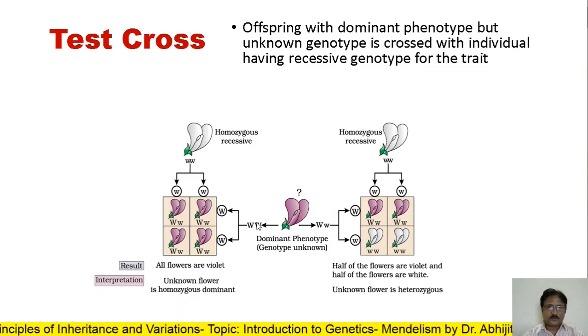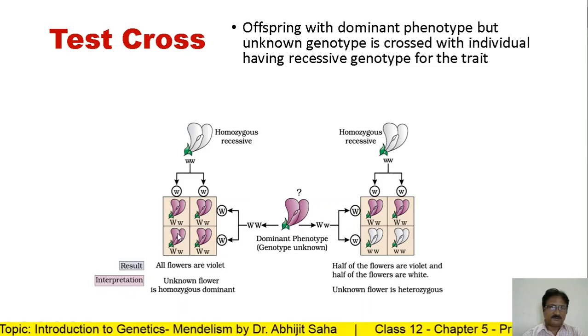If this flower is homozygous, then what happens? Then both the alleles are capital W, capital W. When both the alleles are capital W, there is segregation here, and small w, they segregate here. Since there is one capital W here and also one capital W here, ultimately all are heterozygous. So all flowers are violet, meaning 100% violet flowers. That means if we go the reverse way, let us interpret it this way.